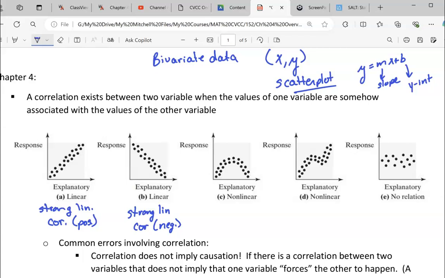Let's look at these other three. If we look at the second one, does that look like it's linear in nature? I would say no, that is not linear. Now, it does look like there's some kind of relationship going on, maybe a parabolic relationship, but it's definitely not linear. And in this section, we are focused on linear functions. What about that third one? Do you think there's a relationship there? I would say no. There is not a linear relationship.